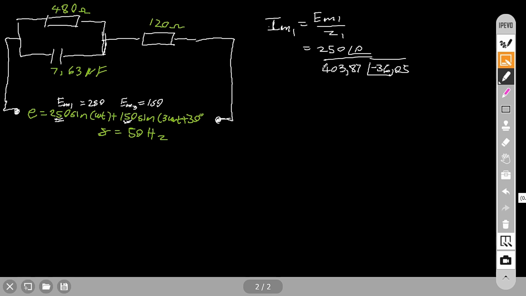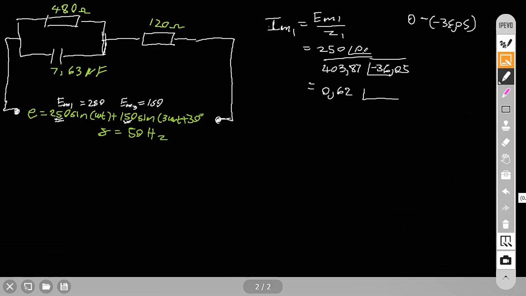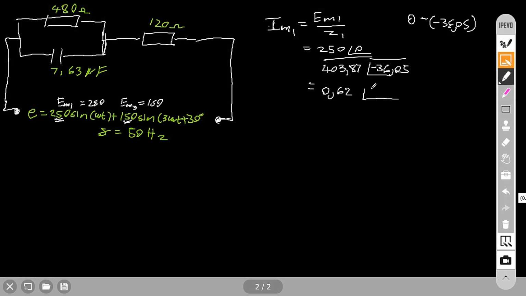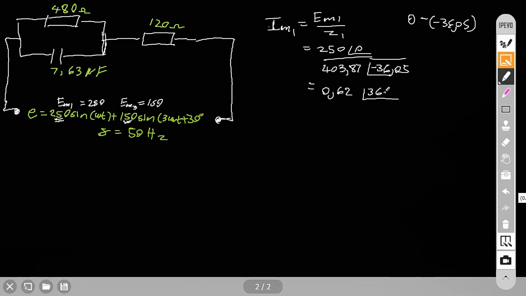So now we divide these two, we will get 0.62 into an angle of, remember, now here you have 0 minus 36.05, because you have 0 minus negative 36.05, so this is going to be positive 36.05.